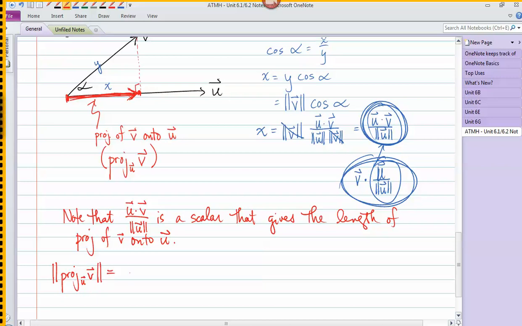That is U dot V over magnitude of U. Or if you prefer the textbook notation, V dot the normalized vector of U.